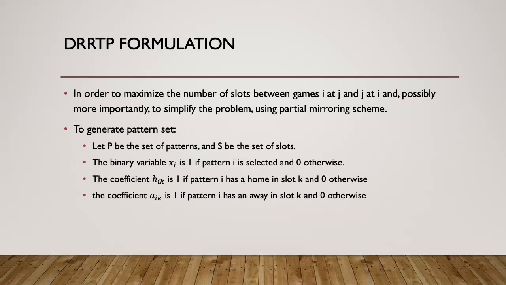The coefficient h_ik is 1 if pattern i has a home slot k and 0 otherwise. If the match is going to be at home, then the variable is set to 1 at that slot. Same as a_ik, where a stands for away, is 1 if the pattern has an away game at slot k, and 0 if not.